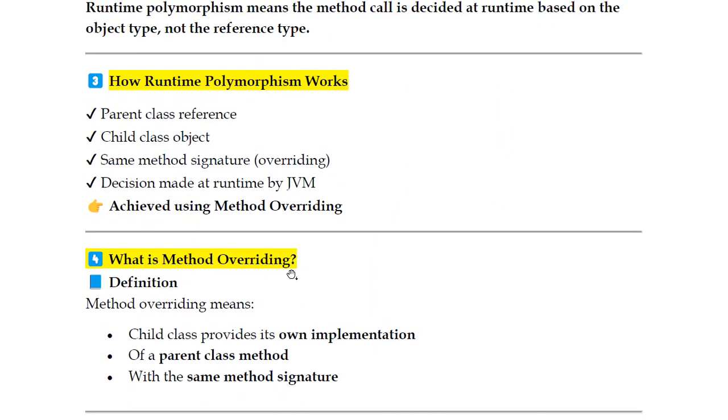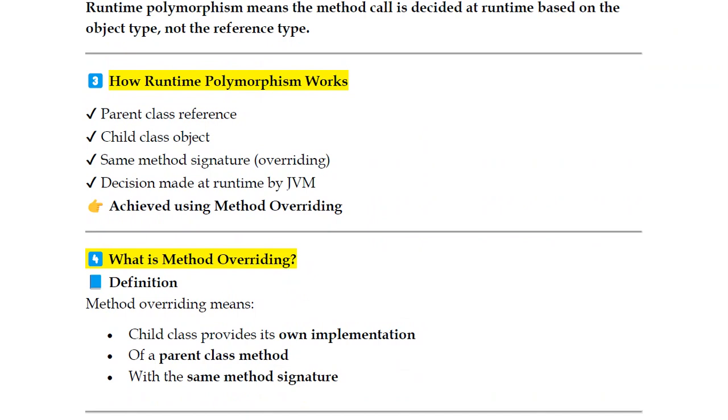Method overriding means the child class provides its own implementation, redefining the parent class method. For example, in the parent class Bank, RBI, assume the rate of interest is 2%. The child classes, such as ICICI, KVB and Axis, are going to override the rate of interest.